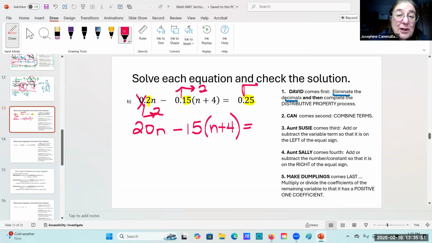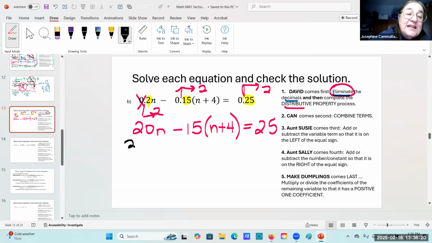And then this decimal moves 2 places. The most decimal places I see are 2. So every decimal term moves that decimal 2 places. And now I distribute, which means I have 20n minus 15n minus 60 equals 25.